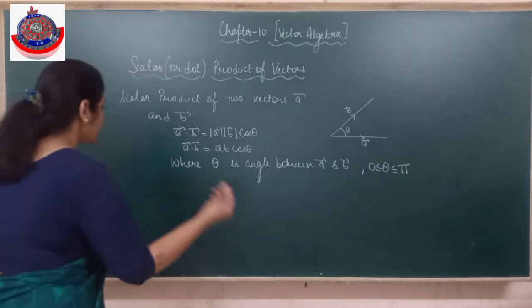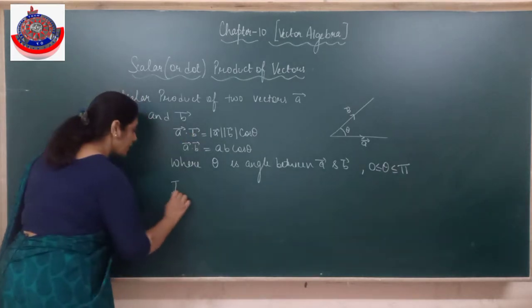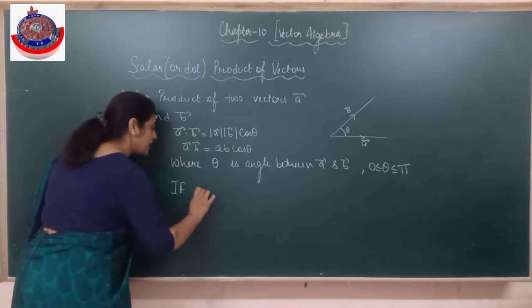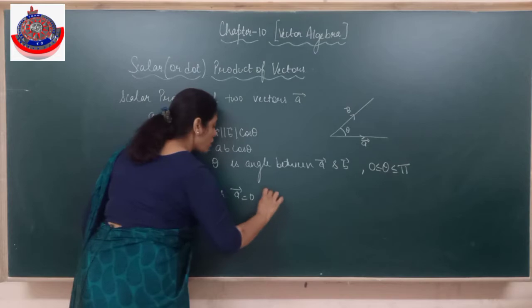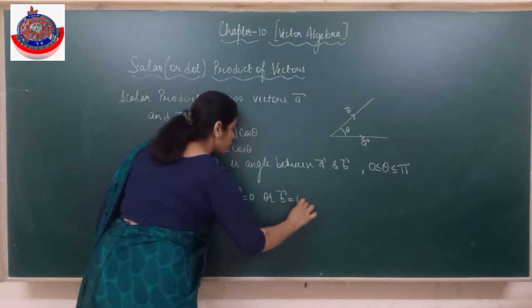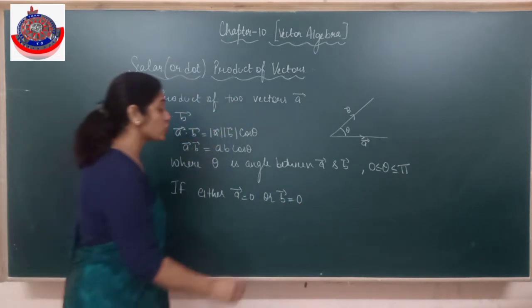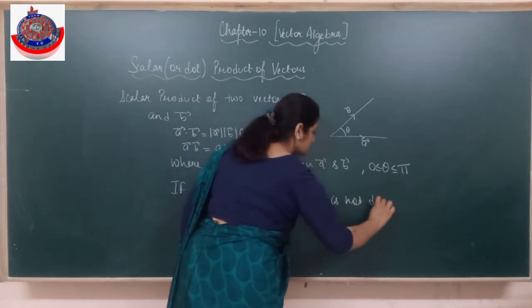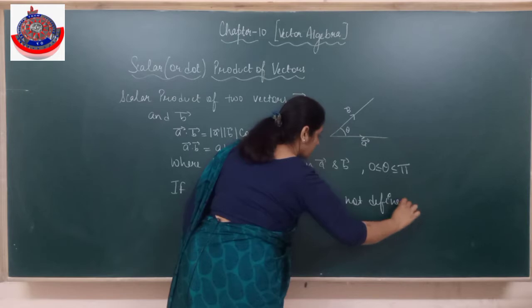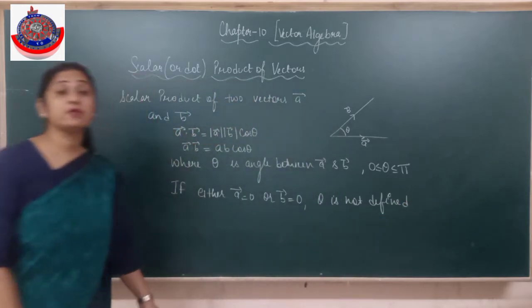Now in case either a vector is equal to 0 or b vector is equal to 0, if one of them is 0, then theta is not defined. What will be the dot product?